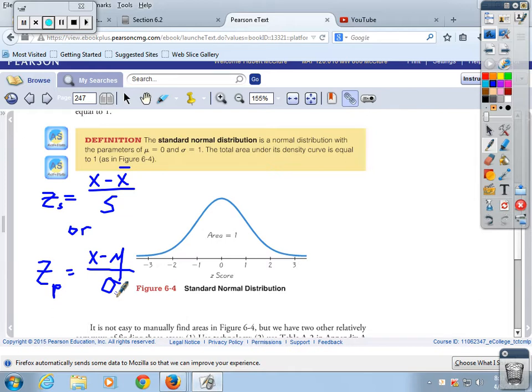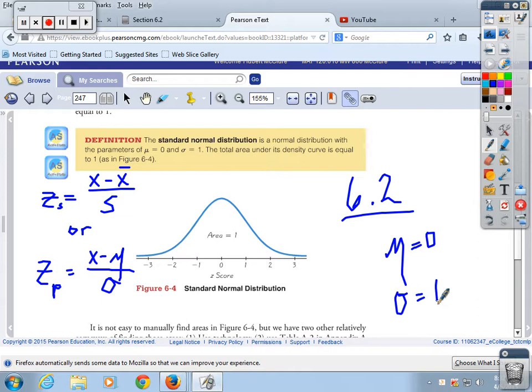Now, in this section, in 6.2, your mean is always going to be equal to 0, and your standard deviation is going to be equal to 1. Now, that's in this section, in 6.2. In 6.3, it changes, and that's when it gets a little bit more complicated, but not much.